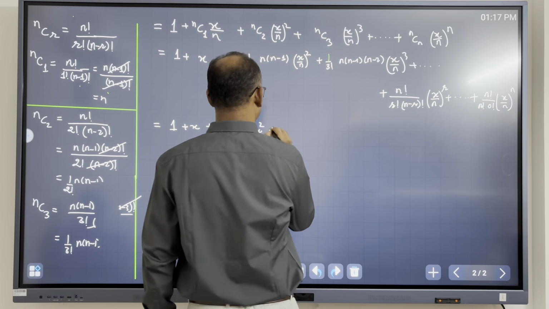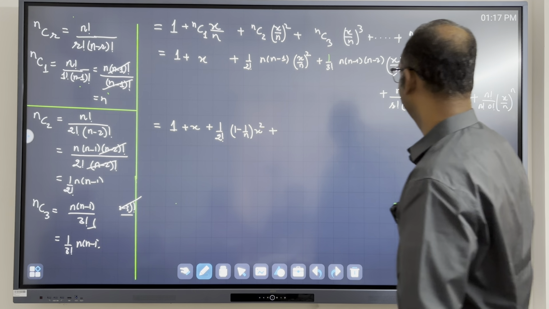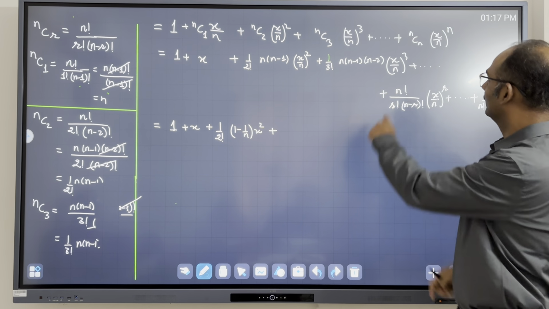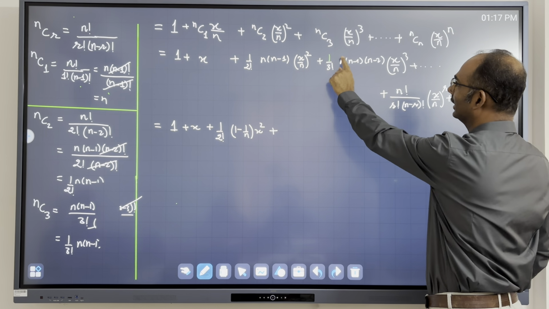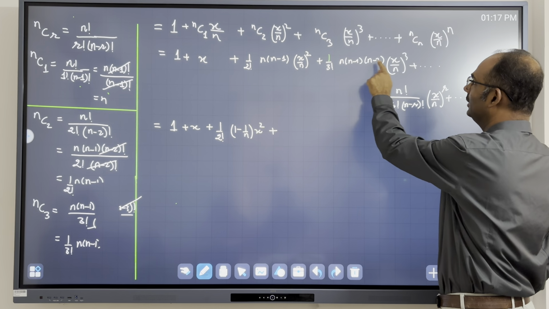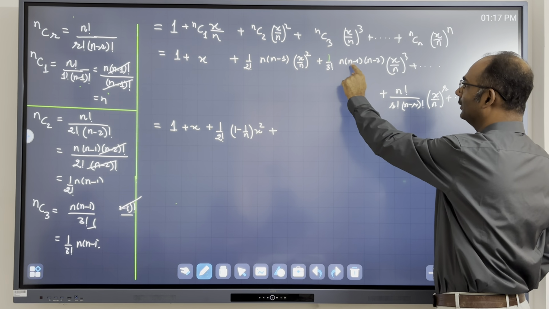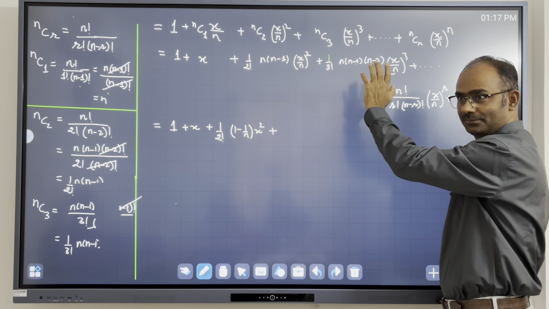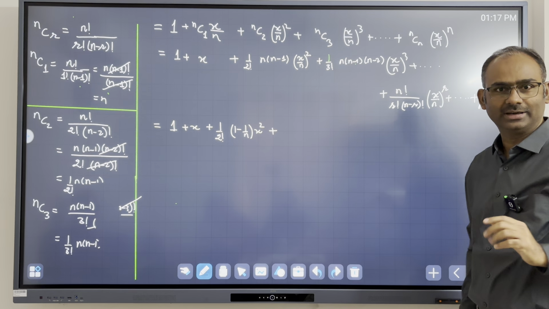Plus, let's look at this one. 3 factors of n in the denominator. 1 factor of n I will cancel against this n, so that gives 1. Now I have 2 factors of n left. One I will put here, one I will put below this. So it becomes 1 minus 1 over n, and that one becomes 1 minus 2 over n. Agreed?